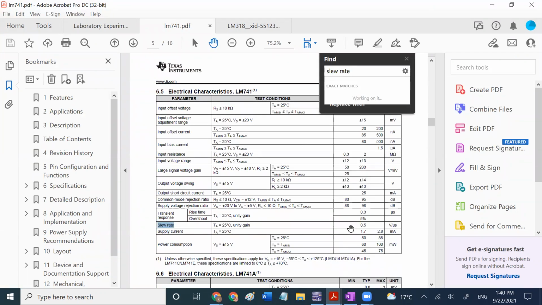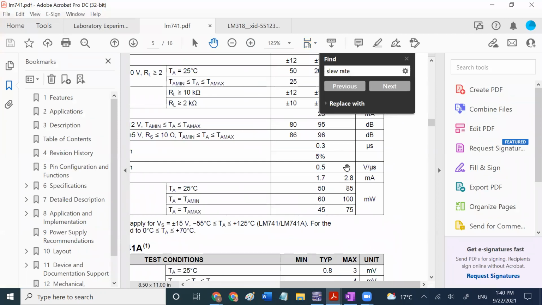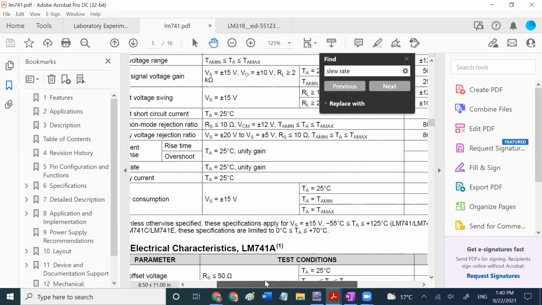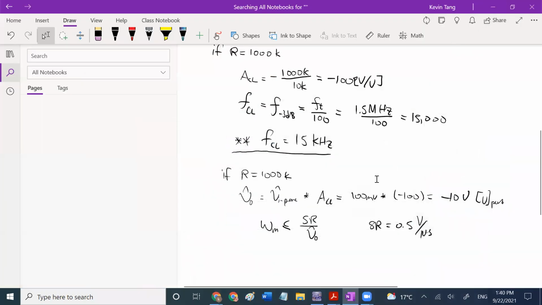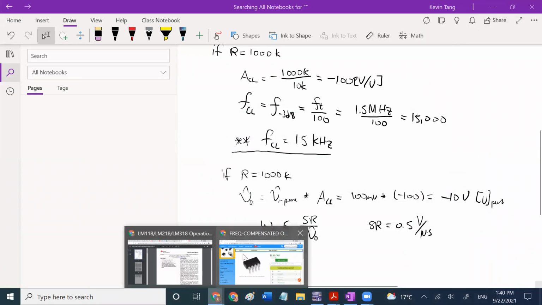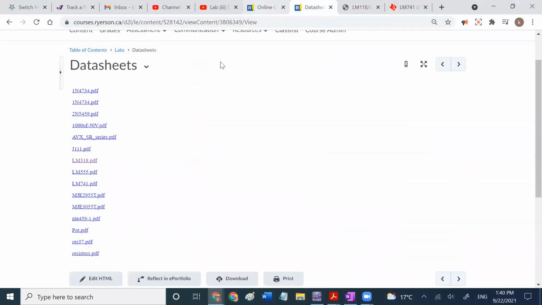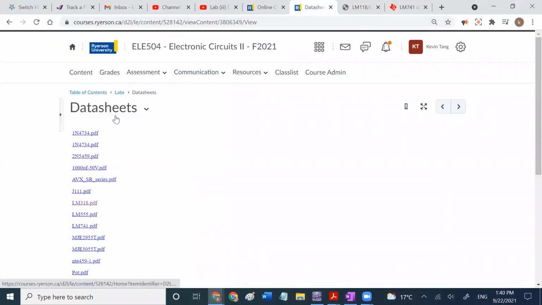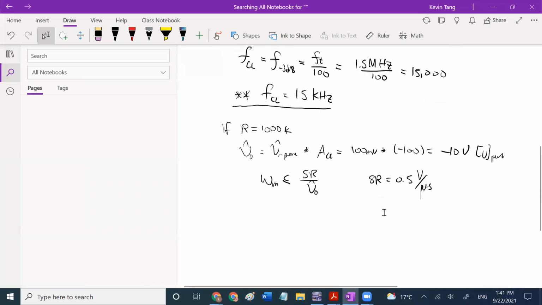It's given here, 0.5 volt per microsecond, in the 741 data sheet, and same thing for the 318. They are both provided in the lab section table of contents of Dr. Kasan's lab section. They just need to go to the labs and find it. That's straightforward.